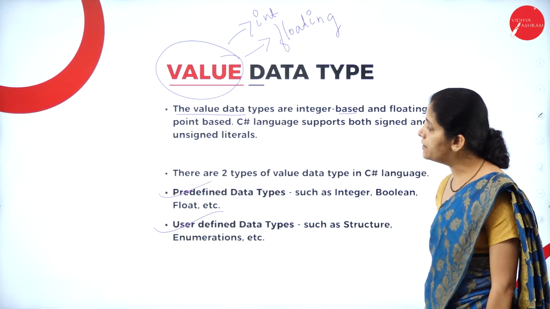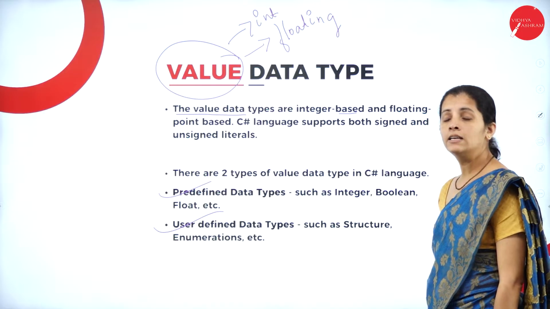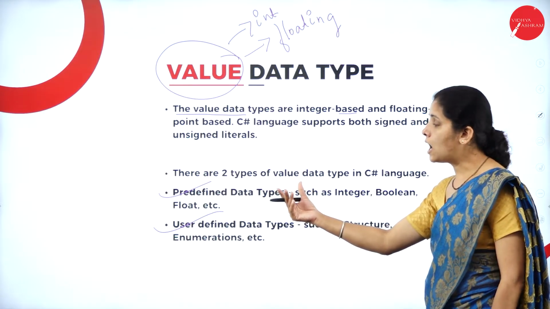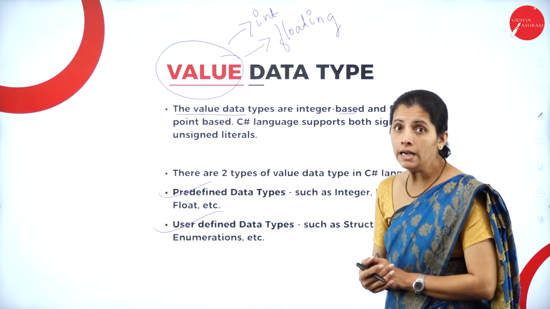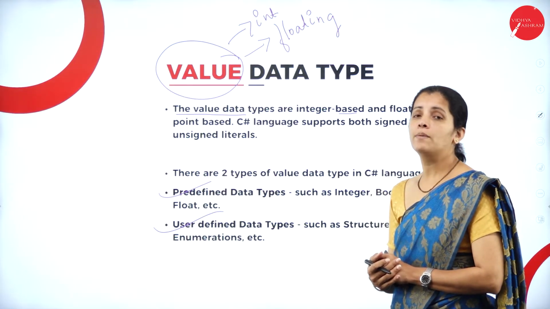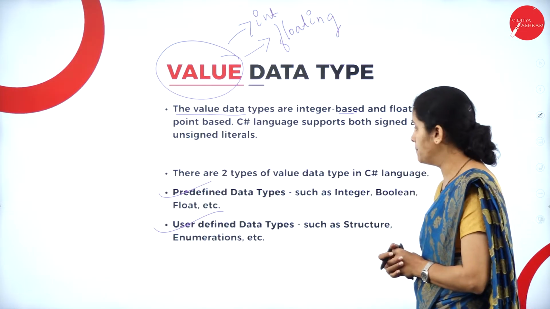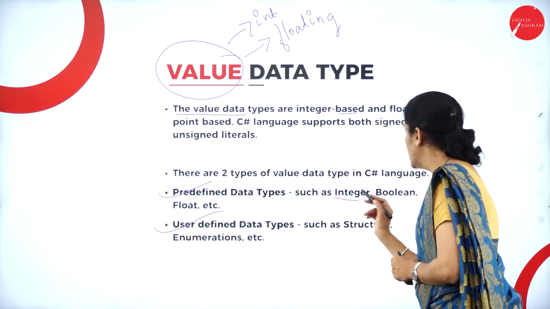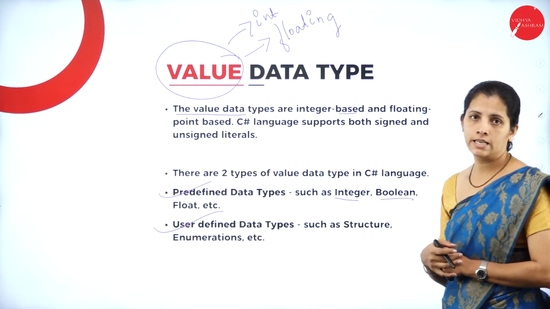So what is a predefined data type? As the name itself indicates, these data types are previously defined or built-in data types, and I'm going to use those data types in my program. For example, integer, boolean, float, etc.